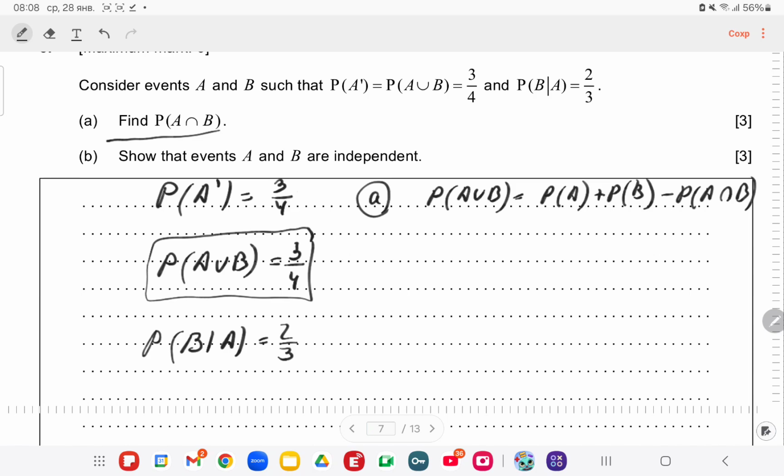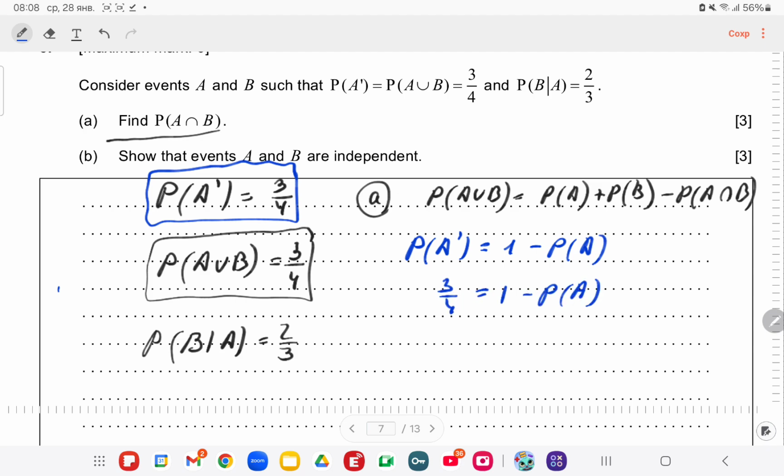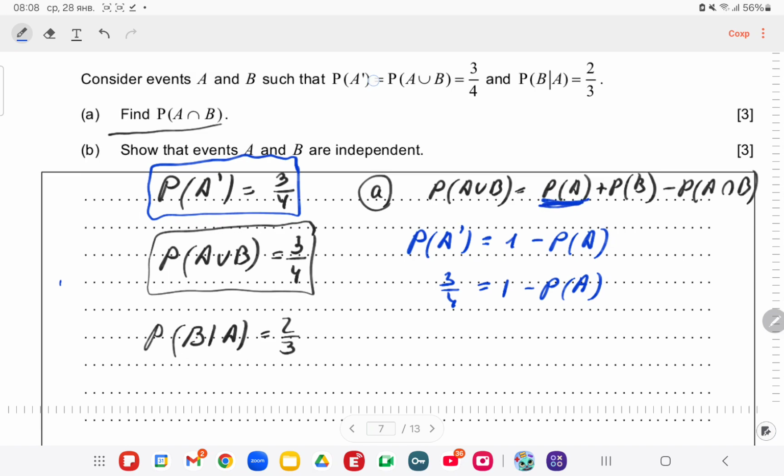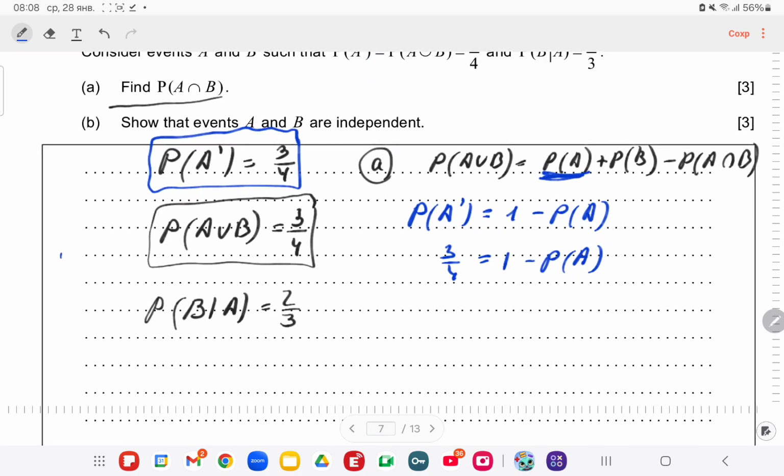And the probability of not A could be written as 1 minus probability of A, right? So 3/4 is equal to 1 minus probability of A. So that's how we will use it here. So P of A is equal to 1/4.